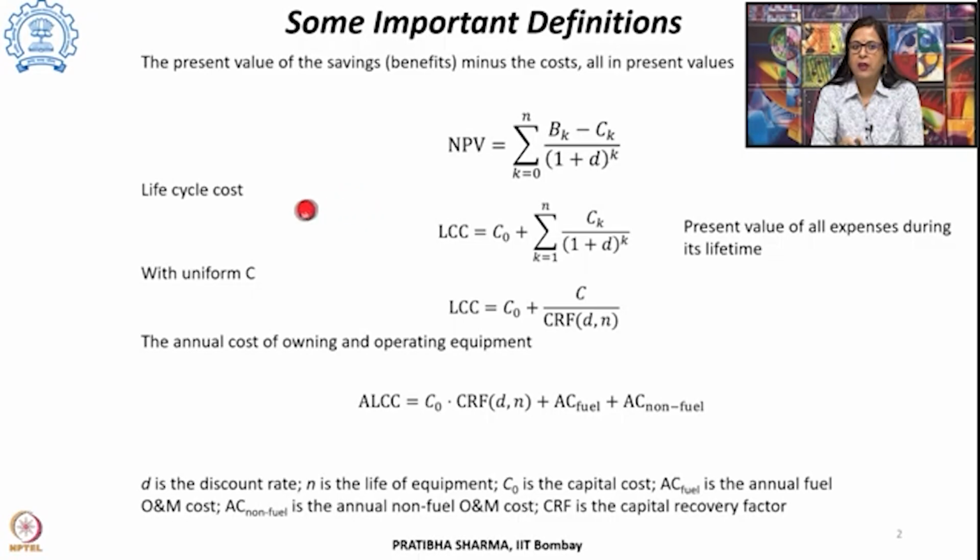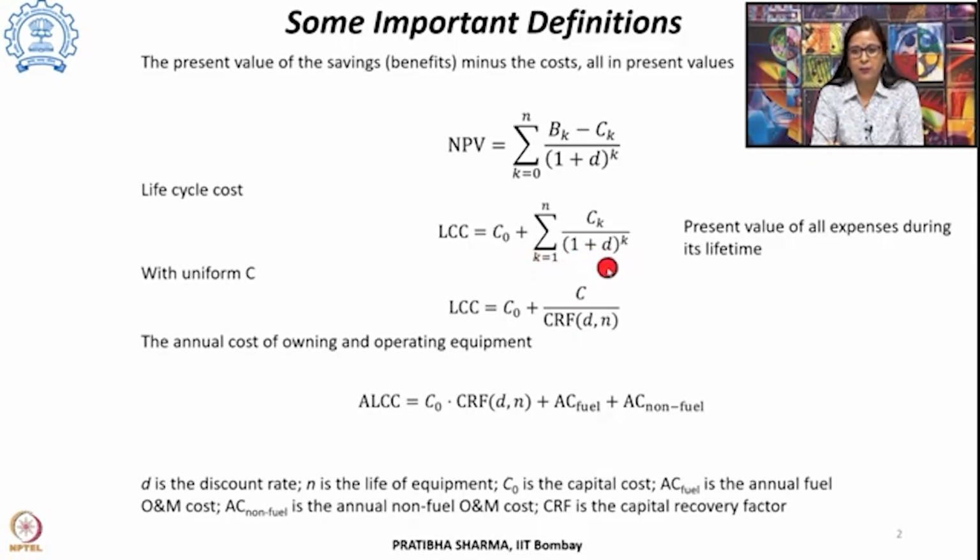Now, when we have to find the life cycle cost of an energy producing plant, that can be obtained by adding the initial investment and the present value of all the expenses summed up over its lifetime.